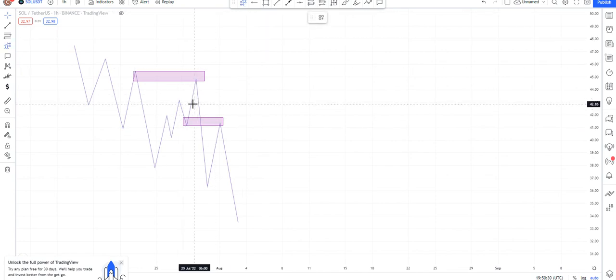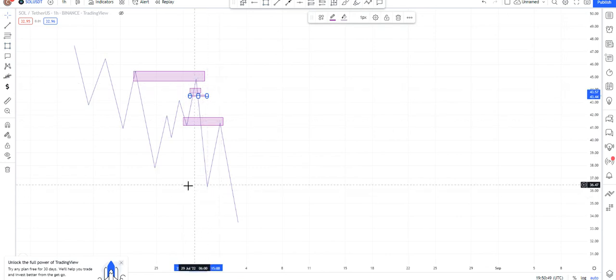There may be smaller mitigations inside here. There may be smaller things occurring here on the lower time frame. But if price breaks down and continues the trend, in a breaker block the trend reverses, but in this case it's continuing the downtrend.